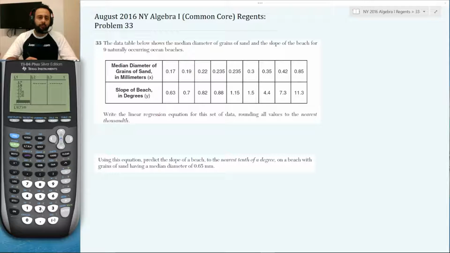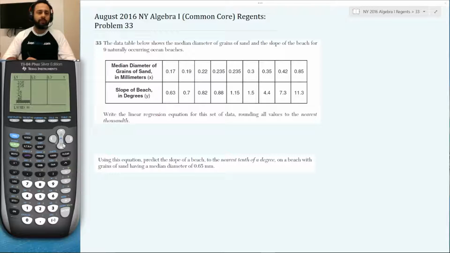So 0.3, 0.35, 0.42, and 0.85. Enter 0.85.